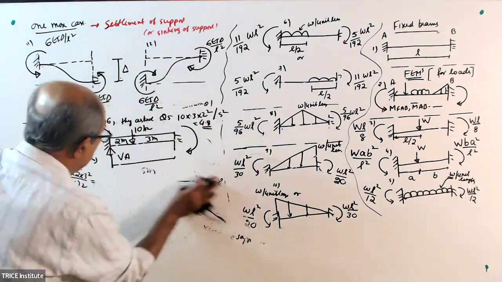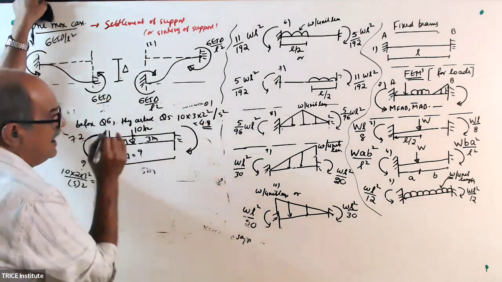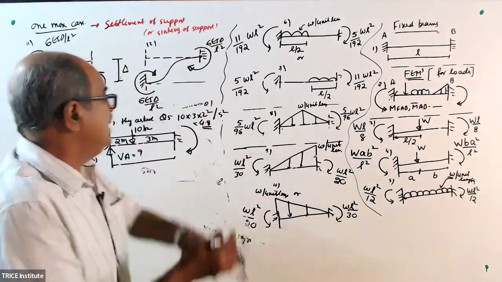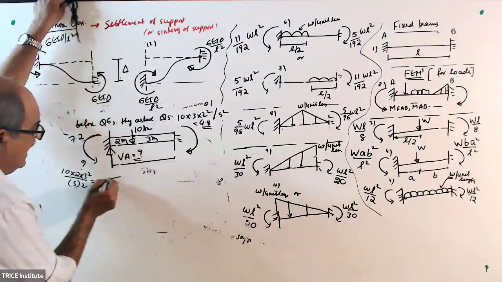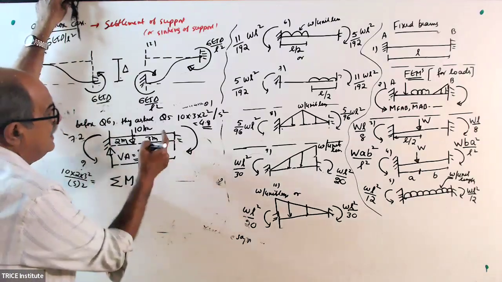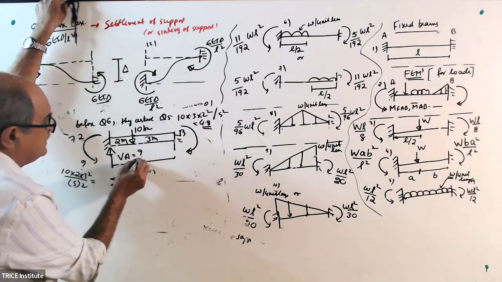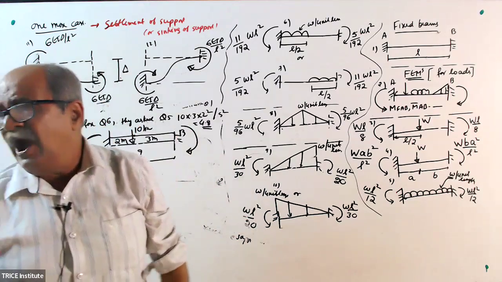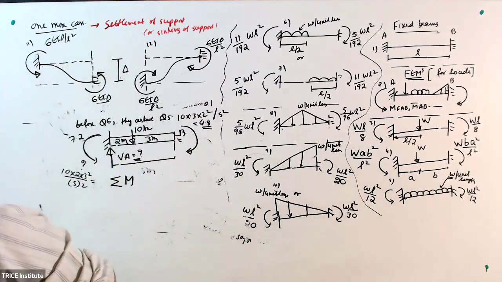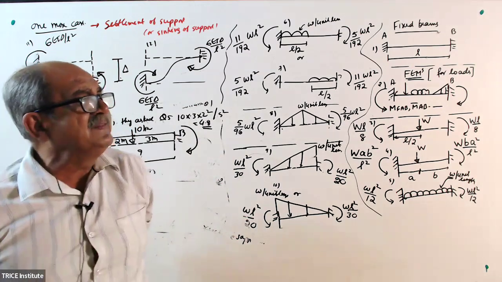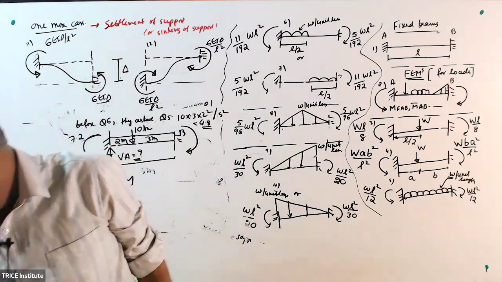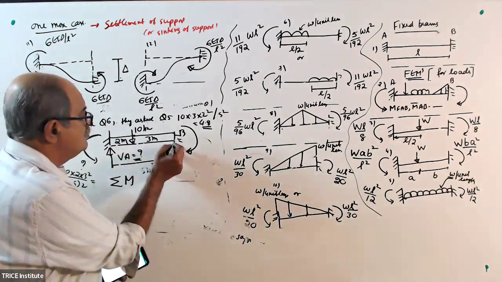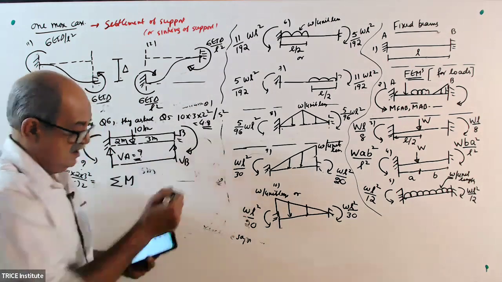Now, what you require is the value of VA, because the question asked what is shear force at A. That is VA. If you want VA, take moment about which point, A or B? If you want the VA reaction, I should get the value of VA directly, so you should take moment about the other support. If you take moment about A, you will get the value of VB.